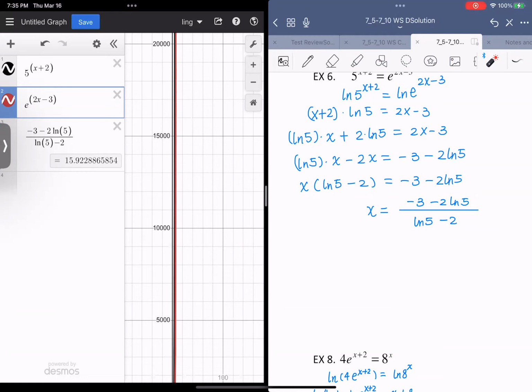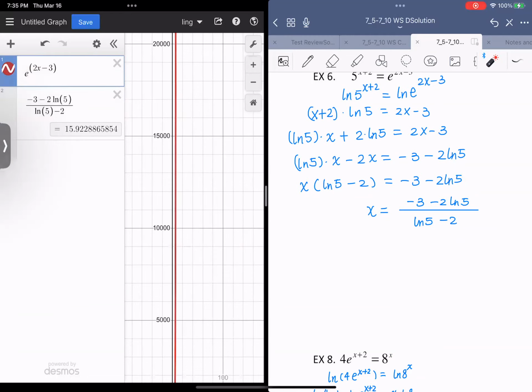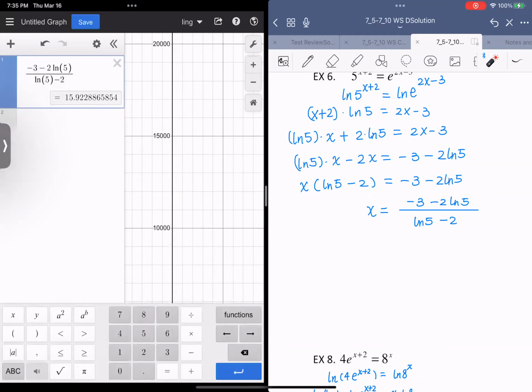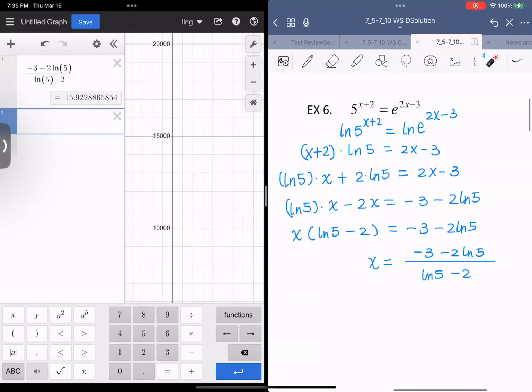So if we change this way, it will be easier. Because if you want to graph this and this and find the crossing point, this exponential growth is really, really high. It's hard for you to see the curve.